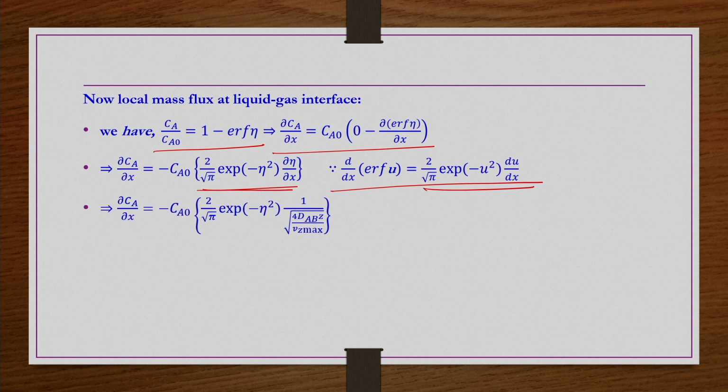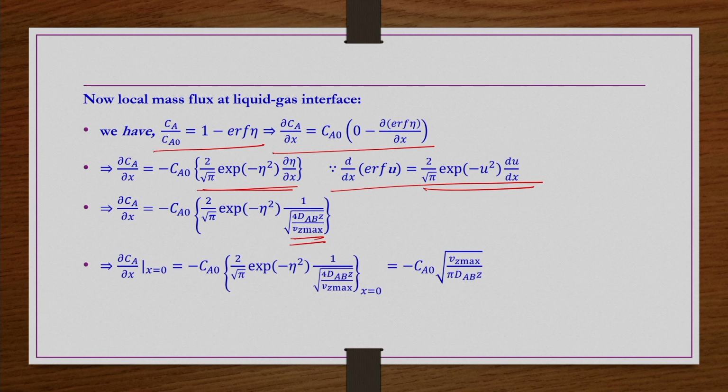Now, d eta by dx is nothing but 1 by square root of 4 dAbz by Vz max. So, for dCa by dx at x equal to 0, if you substitute x equal to 0, eta is 0. So, exponential of 0 is 1, and the remaining terms would be there.